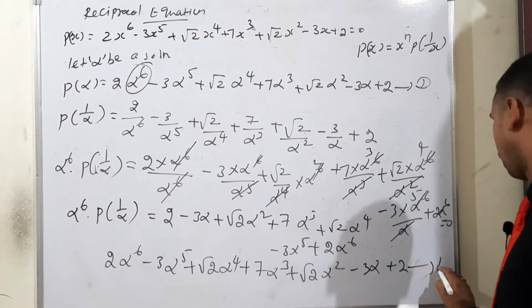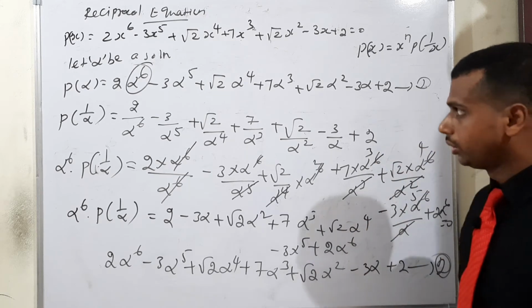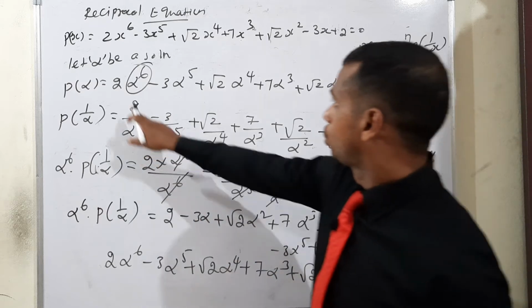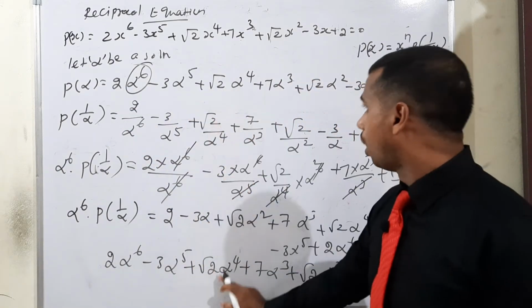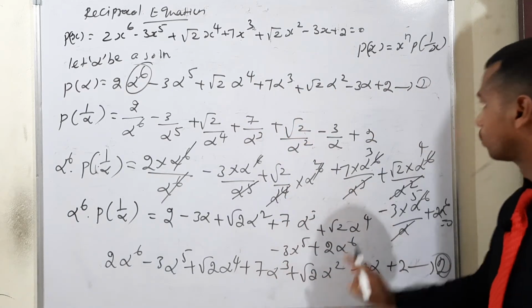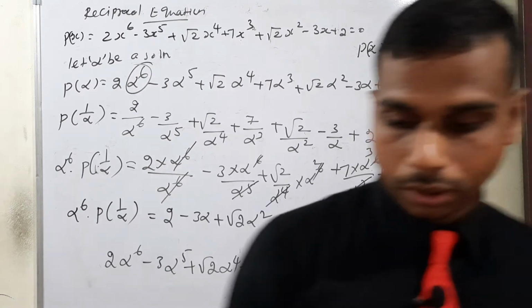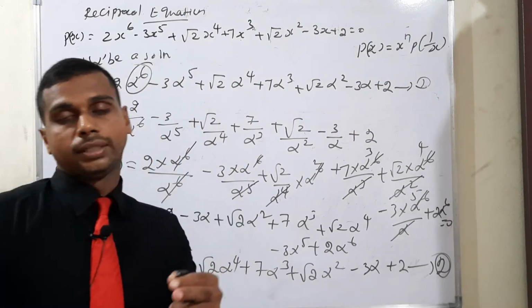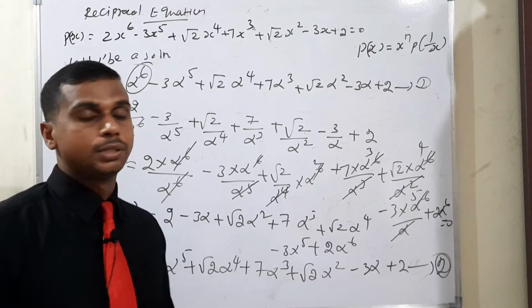This is called equation number 2, and you can check it against equation 1. Equation 1 and 2 are the same: 2 alpha power 6 minus 3 alpha power 5, root 2 alpha power 4, 7 alpha cube, root 2 alpha square, minus 3 alpha plus 2. So we can say it is reciprocal. Given the two conditions, if one of the conditions is true, we can say it is a reciprocal equation.